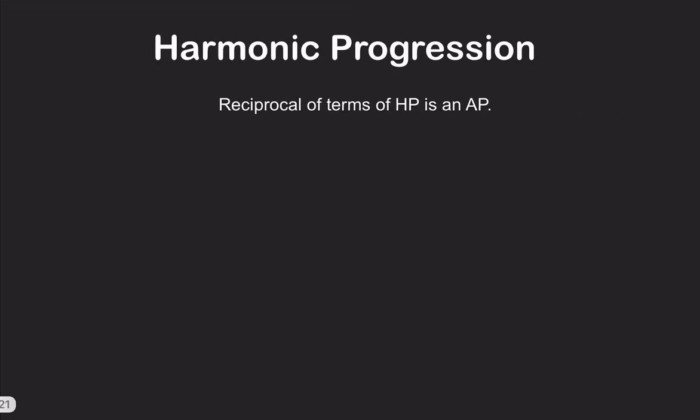Moving on. Harmonic progression, the last part. Again, we are going to understand this in the same way we learned arithmetic progression and geometric progression. Now, what exactly is a harmonic progression? Suppose this is a harmonic progression series: H1, H2, H3, H4 and so on.